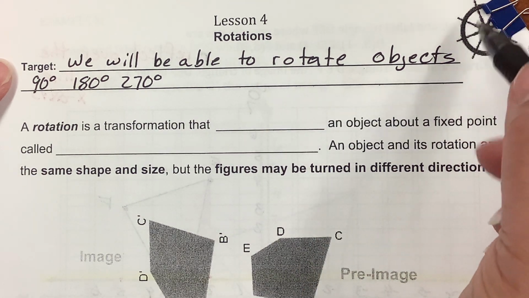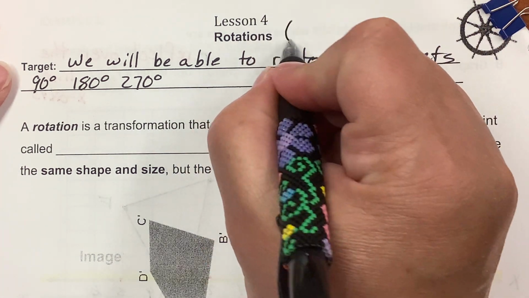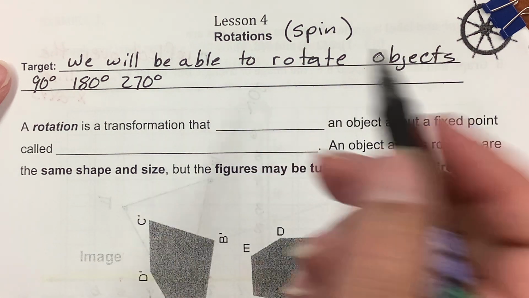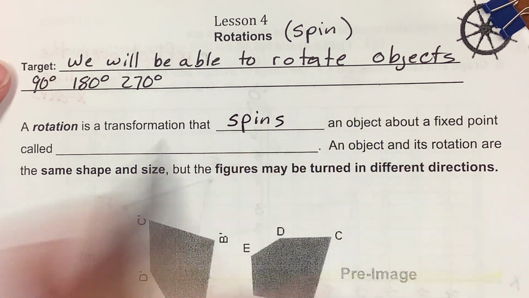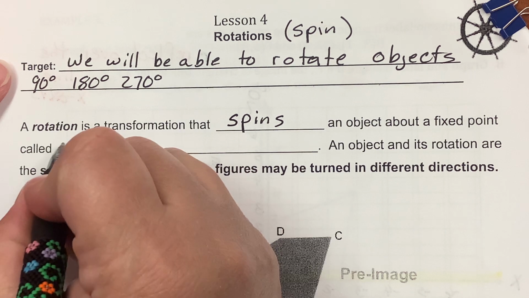But if you look over here, you can see I have my little circle that spins. Rotations basically spin. So a rotation is a transformation that spins an object about a fixed point called the center of rotation.